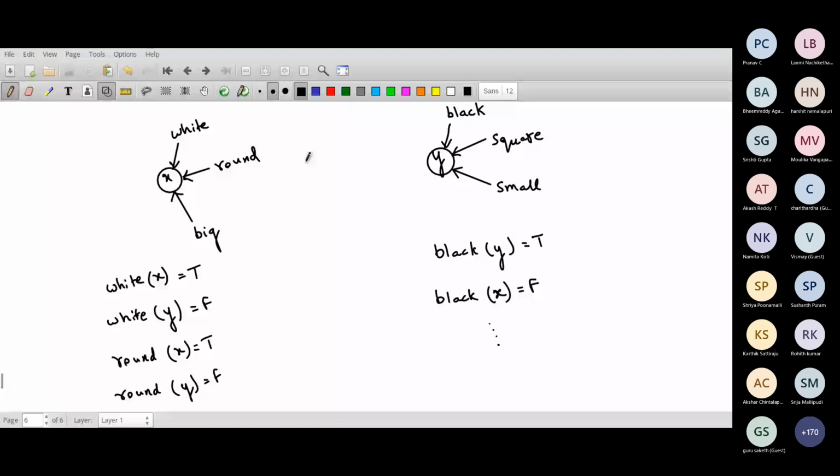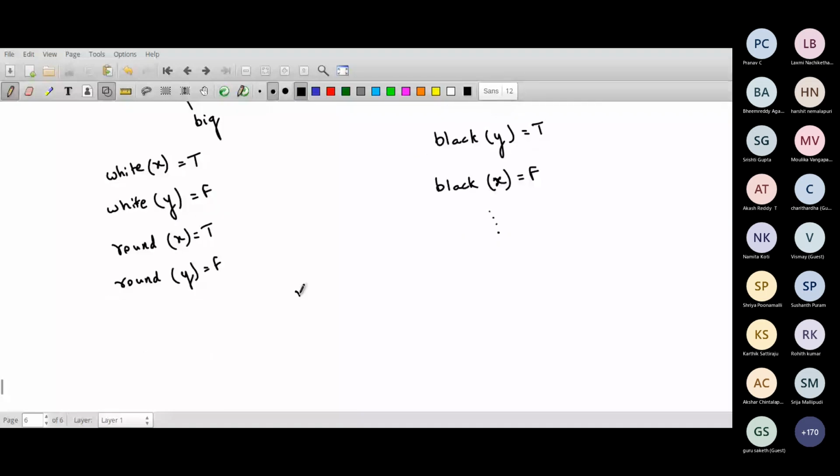Okay, so in this case, suppose if you take these two objects x and y, suppose I say they have a relation like next to, like x is next to y. Okay, so in this case, we write like next to x comma y.